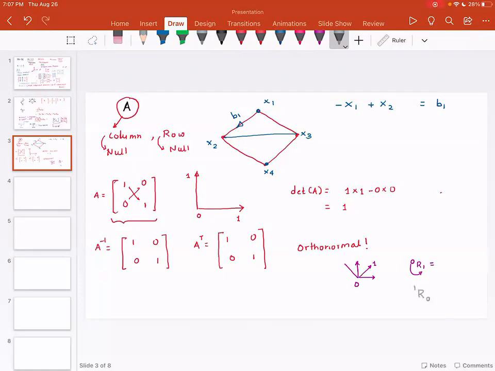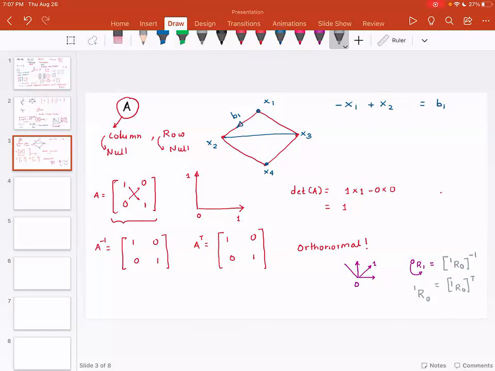So rather than going from the 0th frame to the first frame, I want to go backwards. What is the best way to go backwards? Inverse. So R10 is R01 inverse. But finding the inverse is computationally super intensive. So rather than inverting, I would actually transpose. That is computationally much easier.